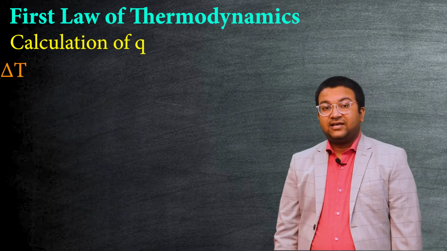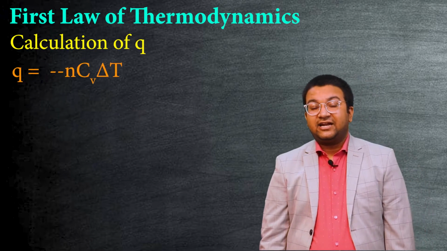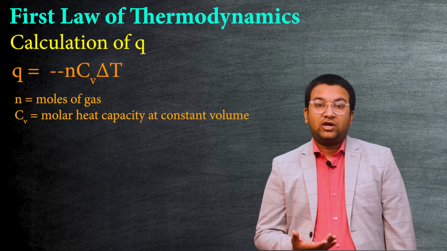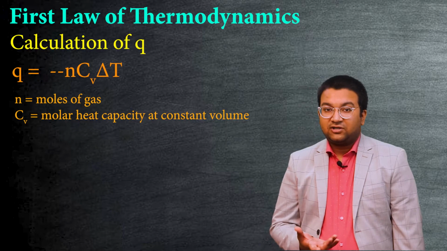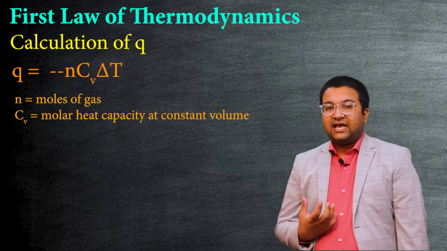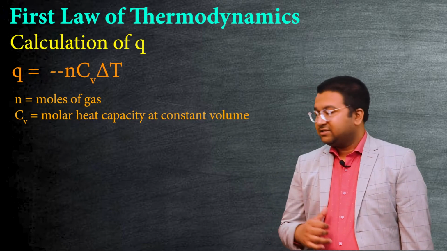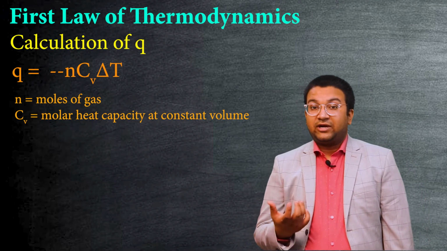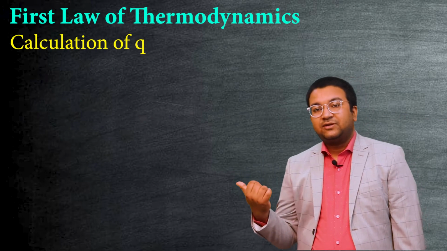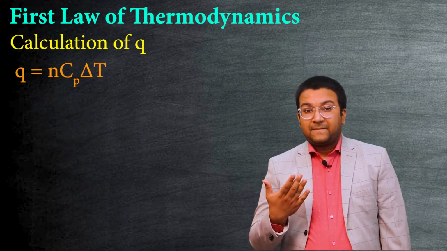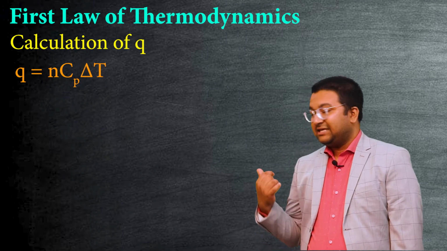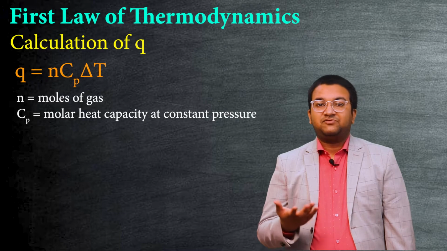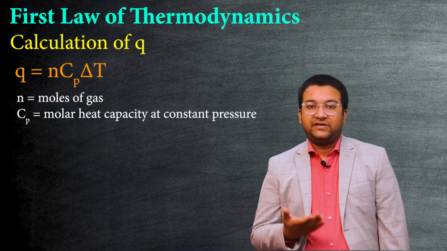And the third one is Q equal to n Cv delta T, where Cv stands for a molar heat capacity. This is a constant for any given gas. Another formula is Q equal to n Cp delta T, which uses another molar heat capacity. So Cv stands for the molar heat capacity at constant volume, and Cp stands for the molar heat capacity at constant pressure. These are the ways by which we can evaluate Q for any given system.